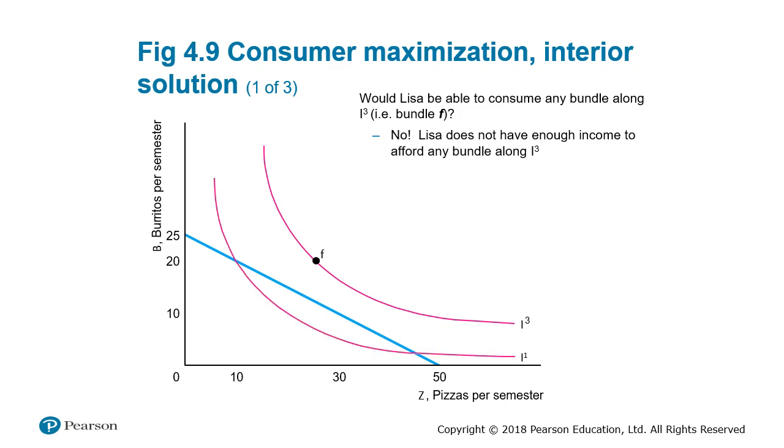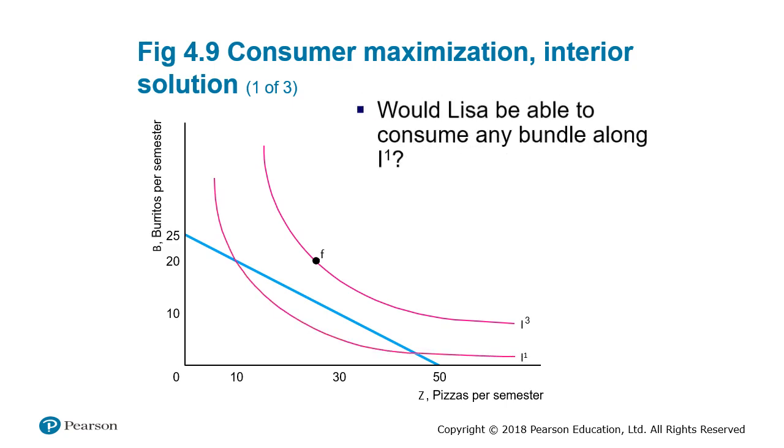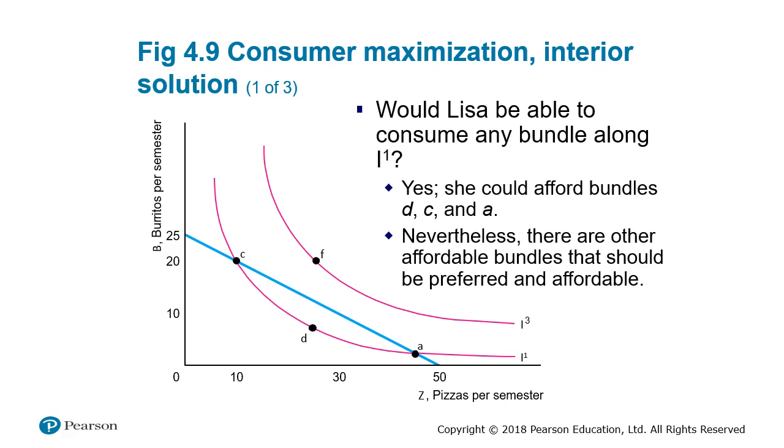Let's add a second indifference curve, I1. Would she be able to consume any bundle along I1? Yes, she would. She could afford bundle C or bundle D or bundle A because they're all less than or equal to her total budget.